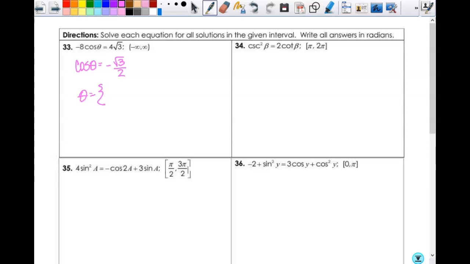So in quadrant 2, to get negative square root of 3 over 2, that would be a pi 6th angle. That means this is 5 pi 6ths. But I'm going from negative infinity to infinity, so it should be plus or minus 2 pi n. And then quadrant 3 would give me 7 pi 6ths, plus or minus 2 pi n.